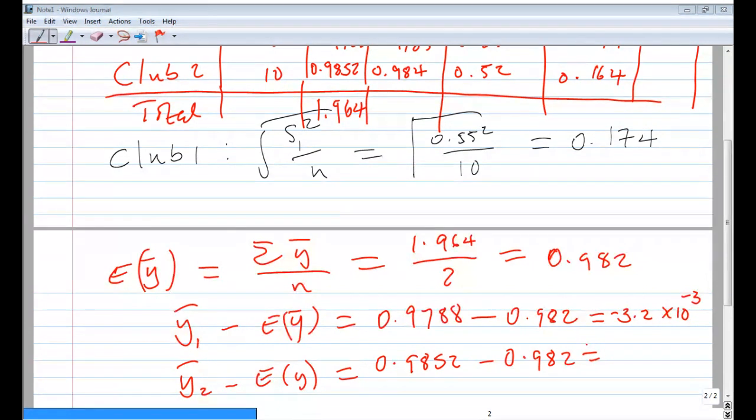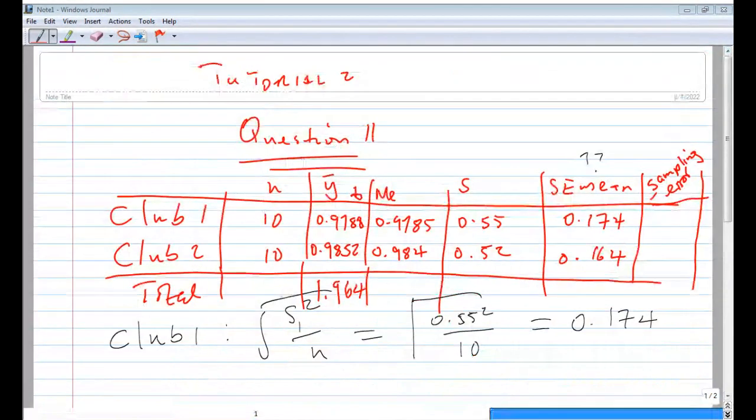Positive 0.0032, the same as 3.2 times 10 to the power minus 3. That is the sampling error of club number 2. Now, you have to put these values here. The first one is minus 3.2 times 10 to the power minus 3, and this one is a positive 3.2 times 10 to the power minus 3.